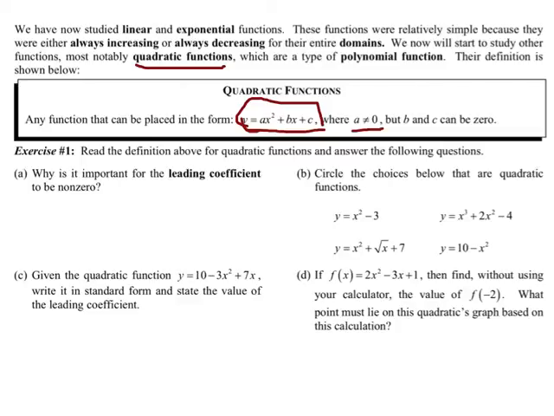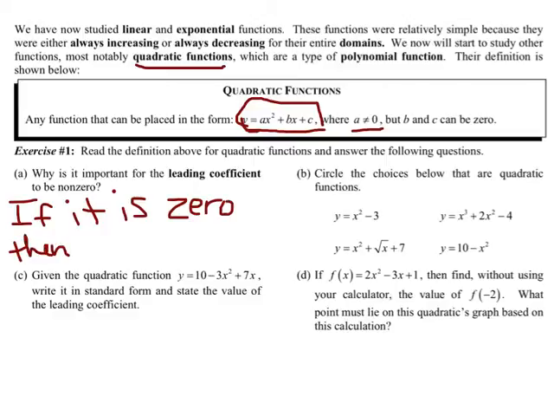No. So the statement that I would like you to write is, if your coefficient was 0, then it would be a linear function. The ax squared would be completely gone, so all you would have was bx plus c.